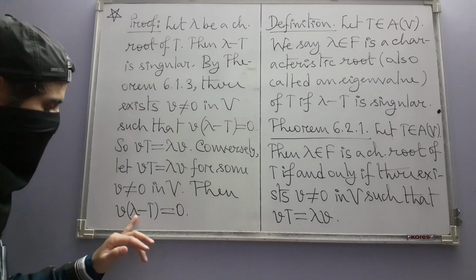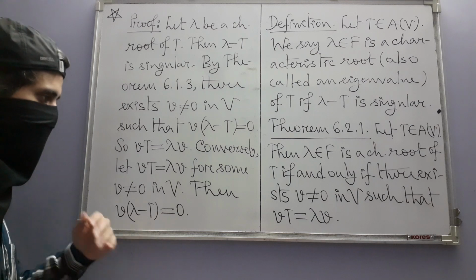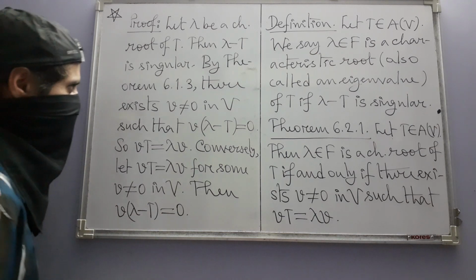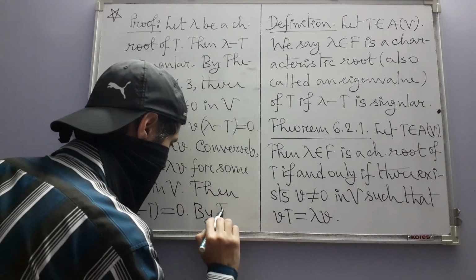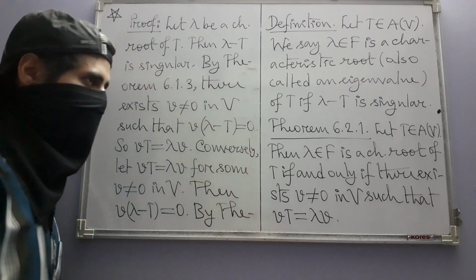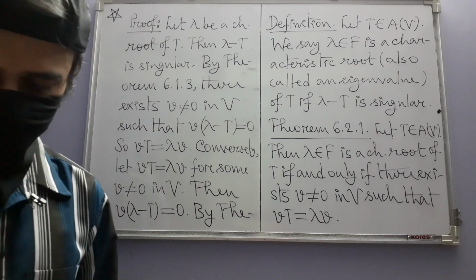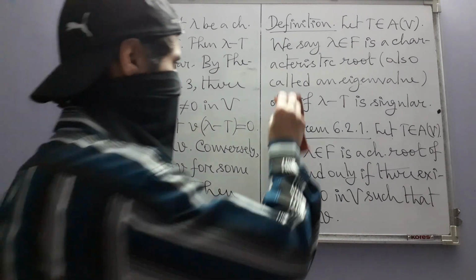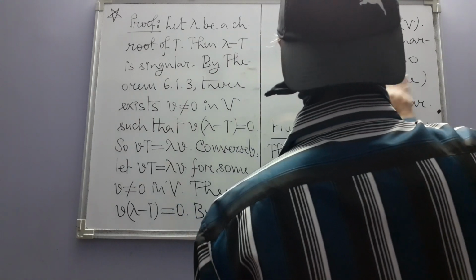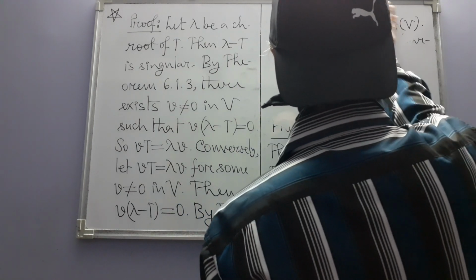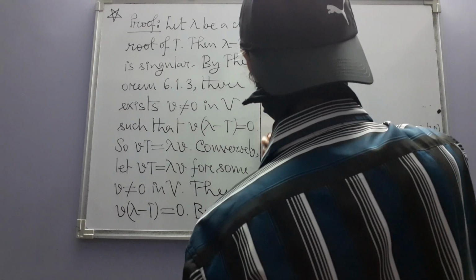So that is why lambda minus T is not regular, it is singular. By theorem 6.13 again, lambda minus T is singular, and so lambda is a characteristic root of T.